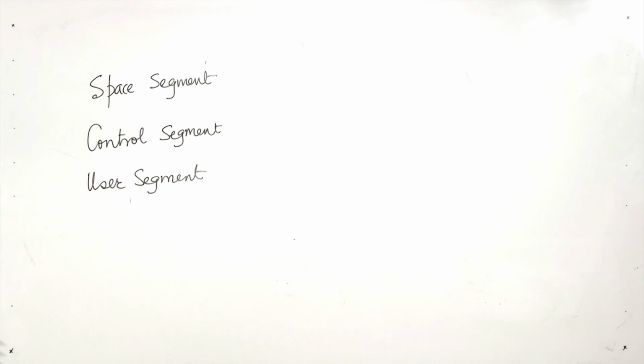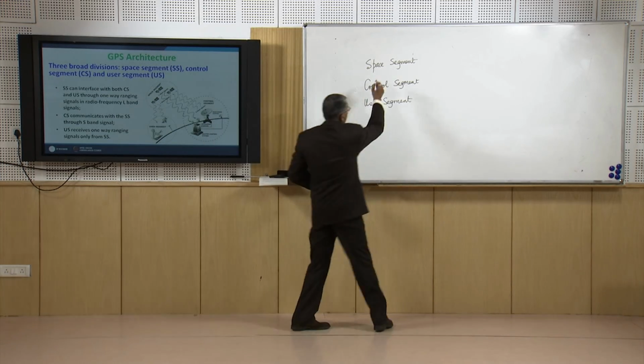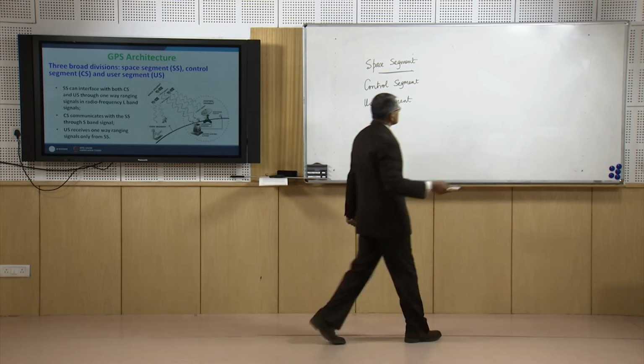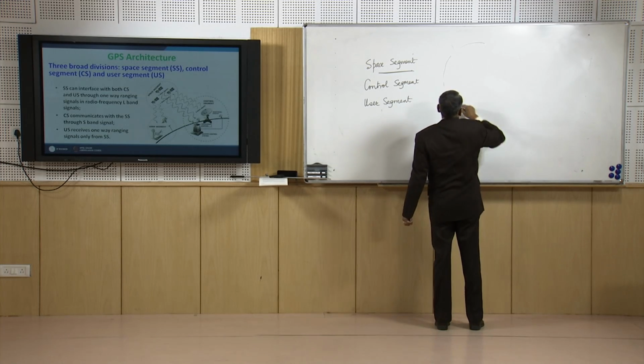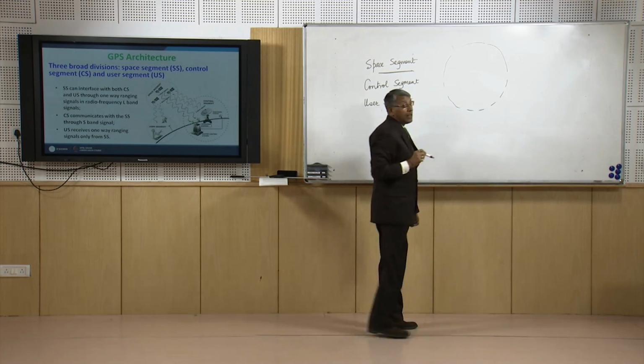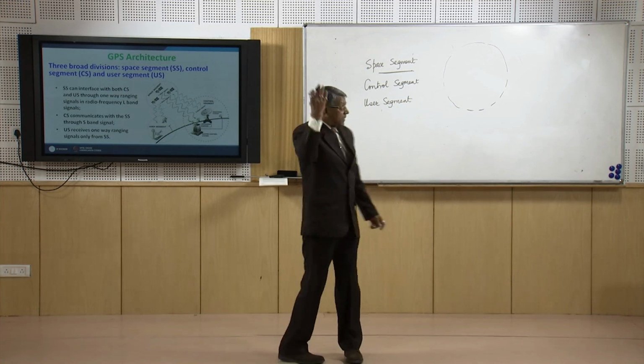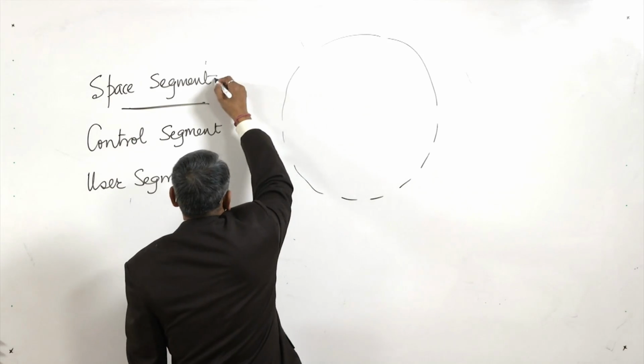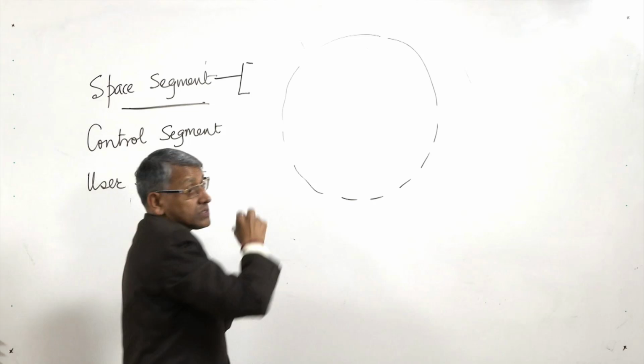From the name itself we can understand that the space segment is the part of the GPS system which is available in space, and the space segment actually consists of 2 parts.